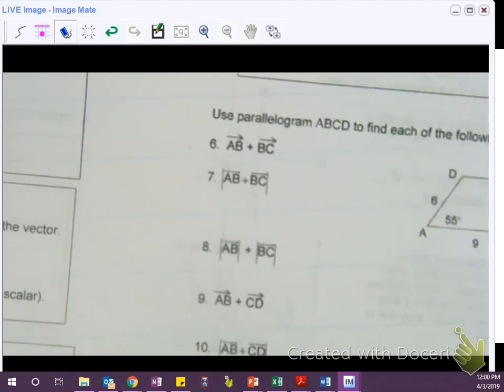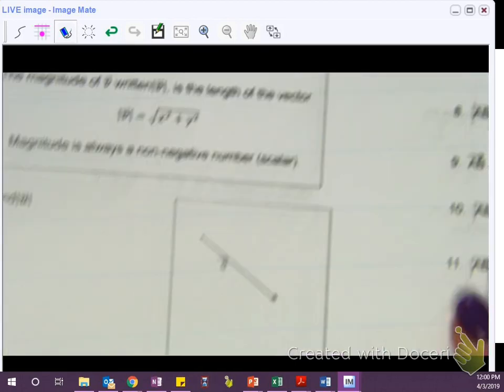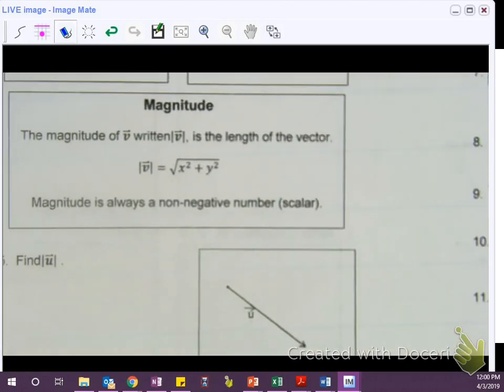All right. So magnitude, and the formula is here again.